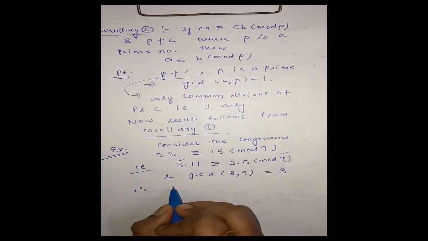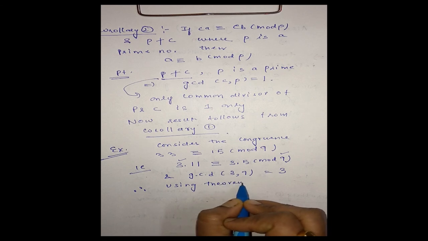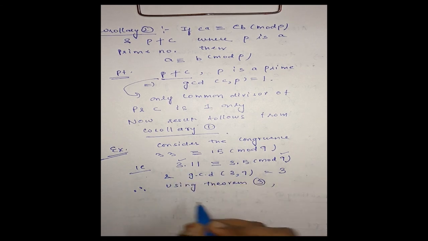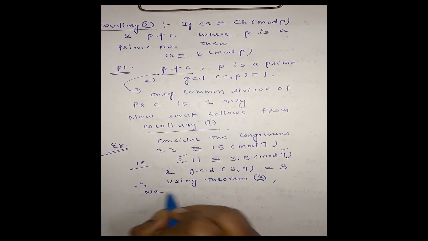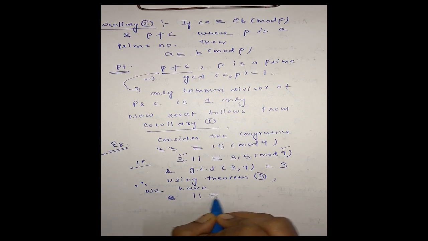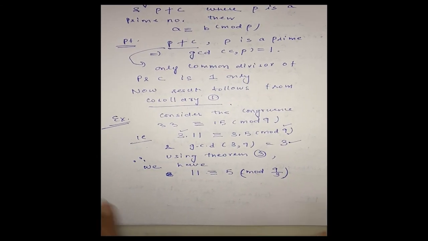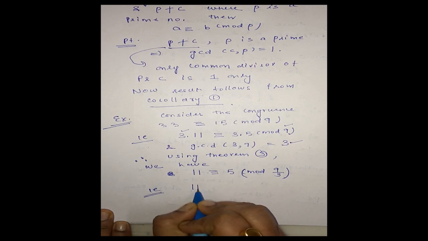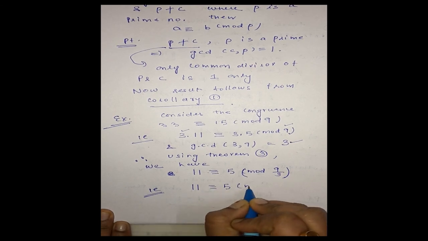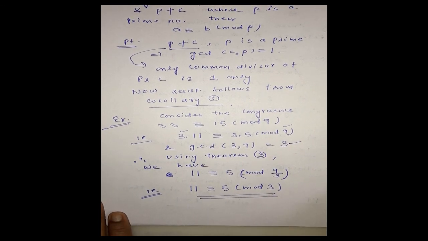Therefore, using theorem 3, the cancellation property, we have 11 is congruent to 5 modulo 9 by 3, where 3 is the GCD, that is, 11 is congruent to 5 modulo 3. This is how we have to apply theorem 3.